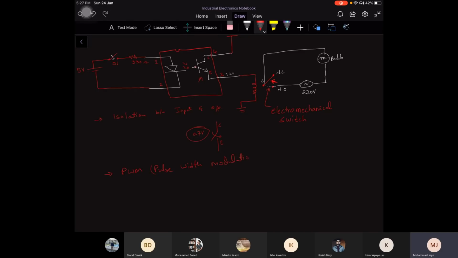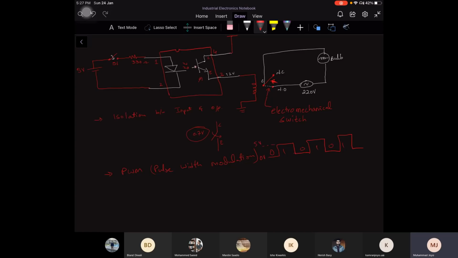It is actually a stream of zeros and ones. This is actually a signal. For some time the signal is zero, for some time the signal is one: 1, 0, 1, 0, 1. So this is a stream going towards the motor, or you can say this is a PWM signal. Zero means 0 volts here, and 1 means 5 volts.